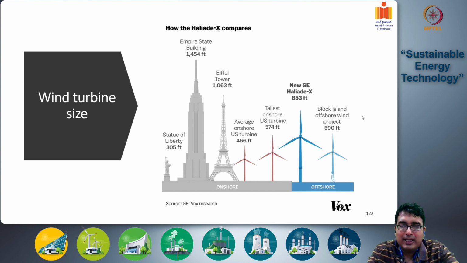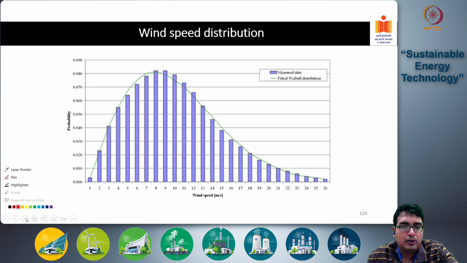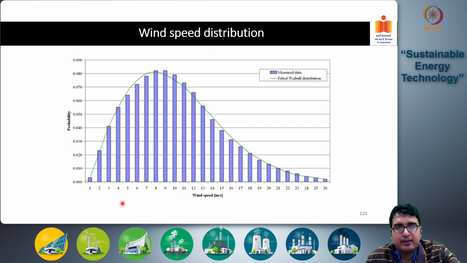So let us look at a specific probability distribution of wind resource, wind speed with respect to number of hours at a given location, say. Here we are showing a graph which gives you the probability on the y-axis and the wind speed in meters per second on the x-axis.